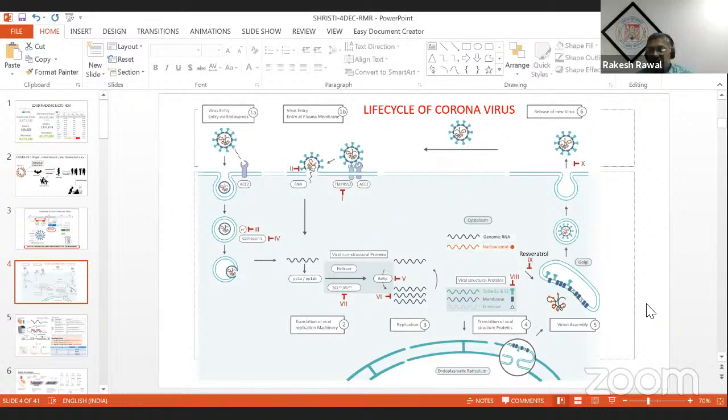Look, the question may lead to some controversy if I clearly say yes or no. But in the present observation, what we have seen is that the majority of allopathic medicines which were initially prescribed were initially trial and tested, because there was no clear-cut medicine available, because this was a new disease, right?